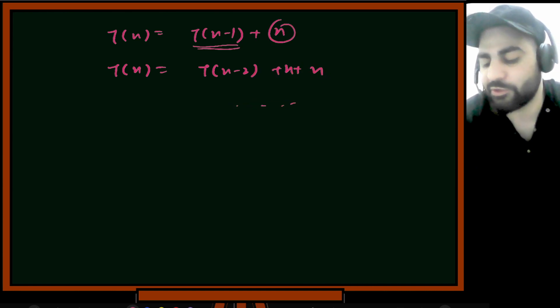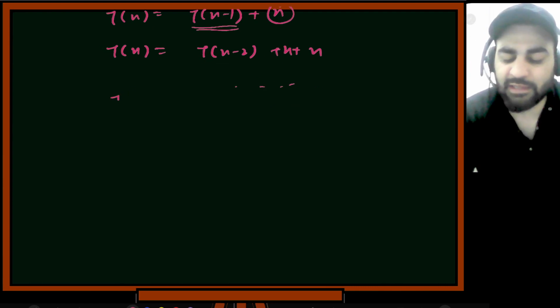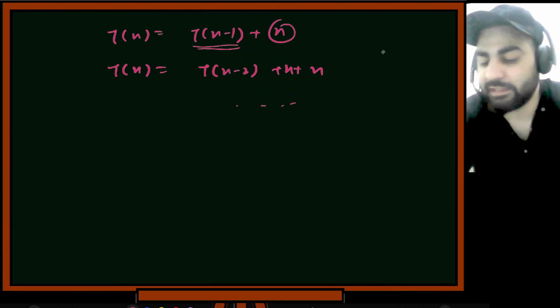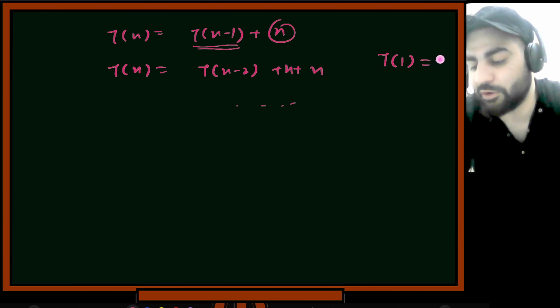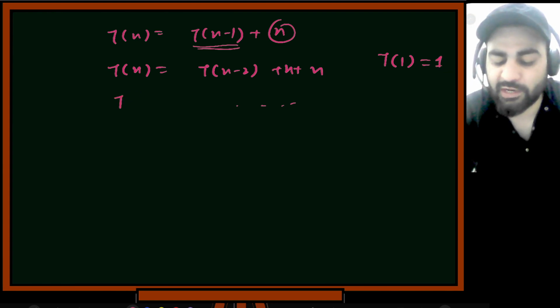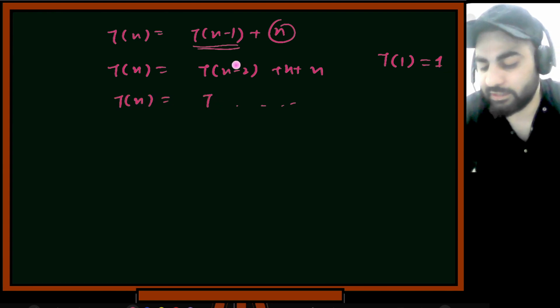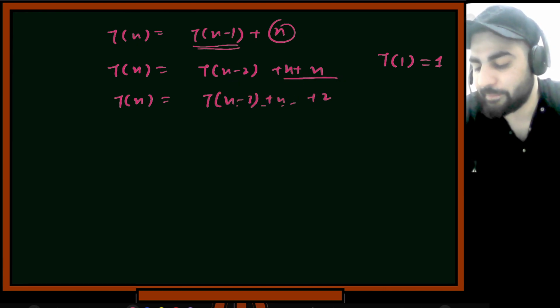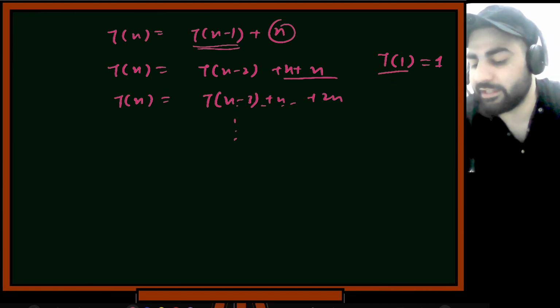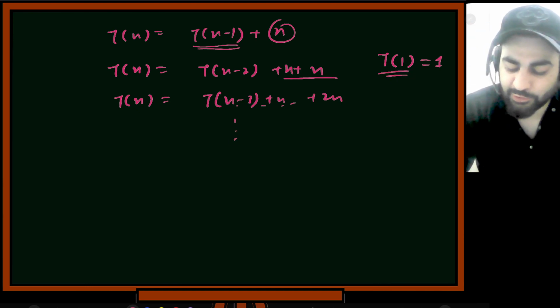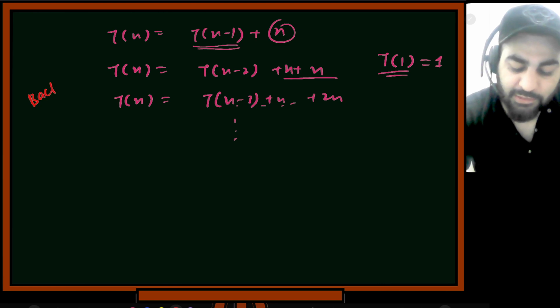So you'll keep on substituting this. And then there will be some base case, let's suppose T(1) is equal to 0, or T(1) is equal to 1, something like this. So you'll write T(n) is equal to T(n minus 3) plus n, and now these n's add up, and you will keep on doing this till you hit the base case. This is called back substitution.